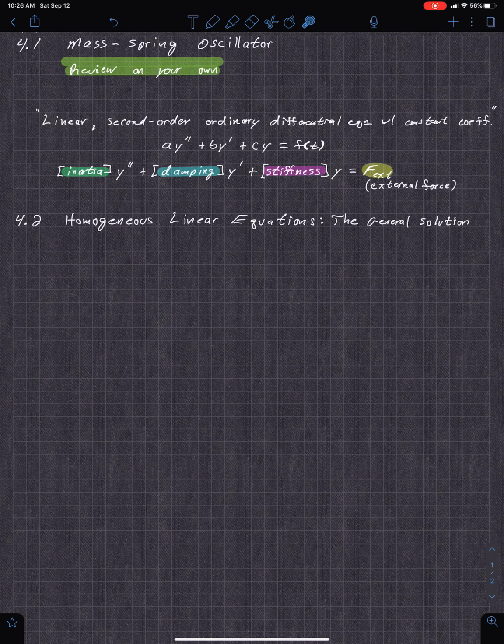And then you could have it equal to an external force, which would be something like pushing on the object.